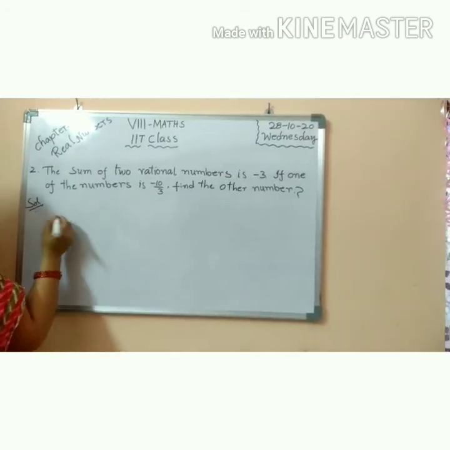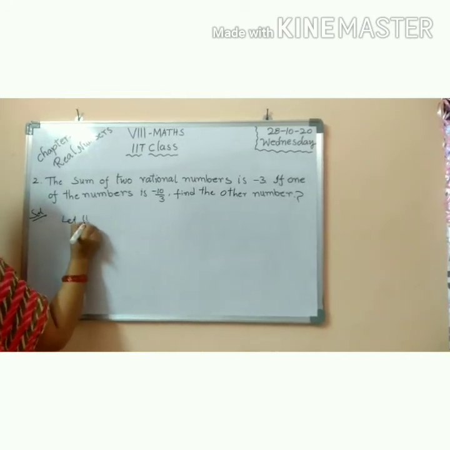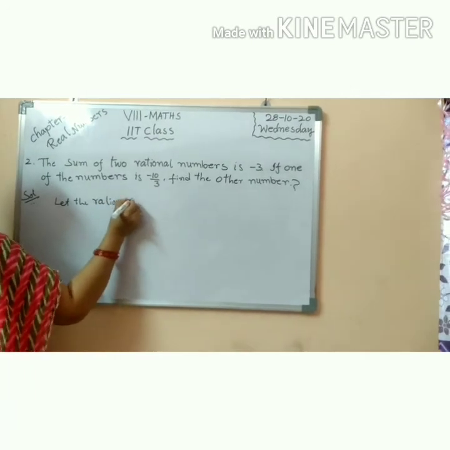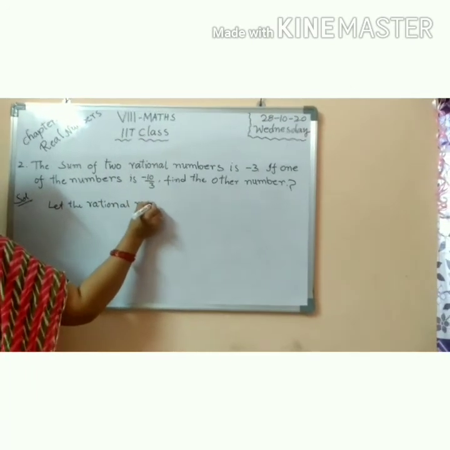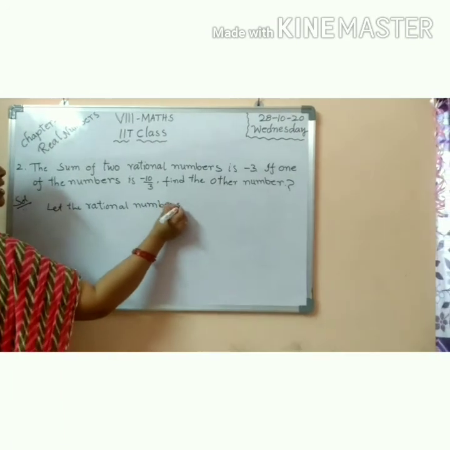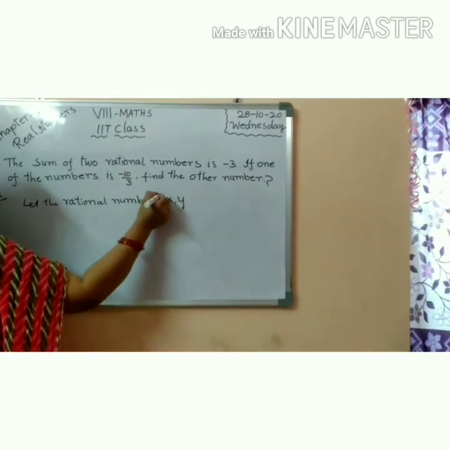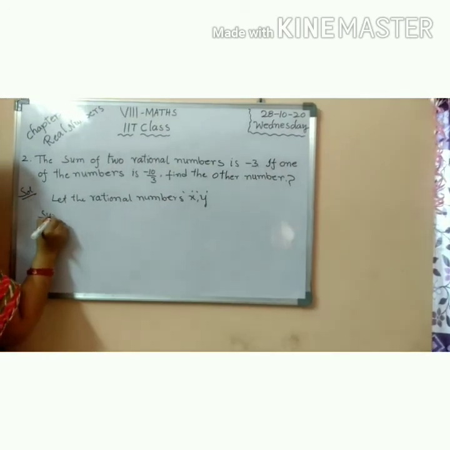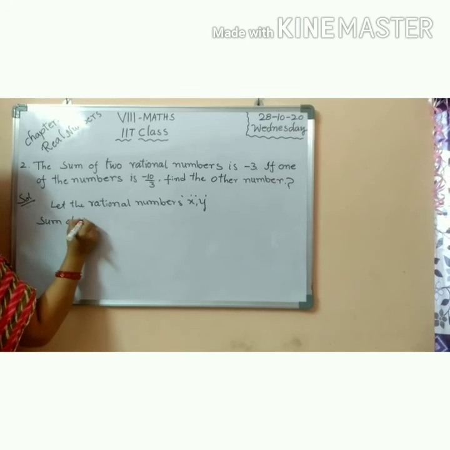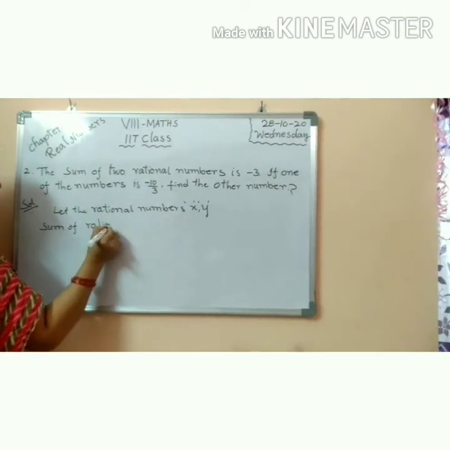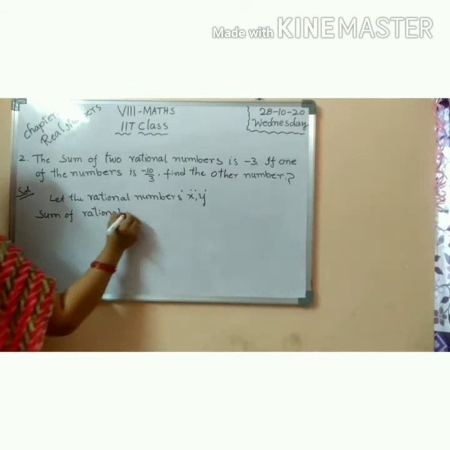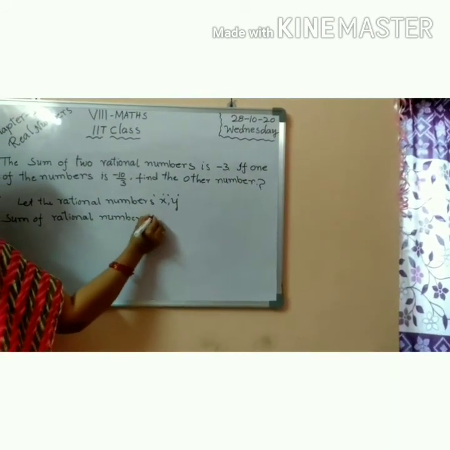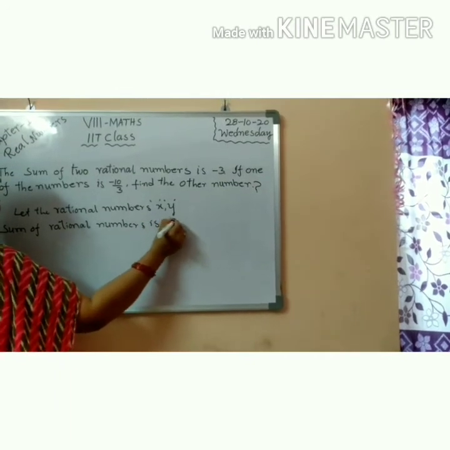So let the rational numbers be x and y. The sum of the rational numbers is minus 3.